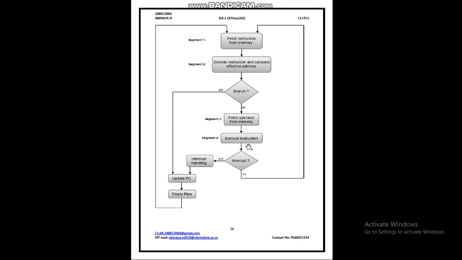Then it checks for an interrupt. If there's an interrupt, it goes to interrupt handling, then updates the PC, then goes to the empty pipe. If not, it again fetches the instruction from the memory, and the same process continues until it gets an interrupt.